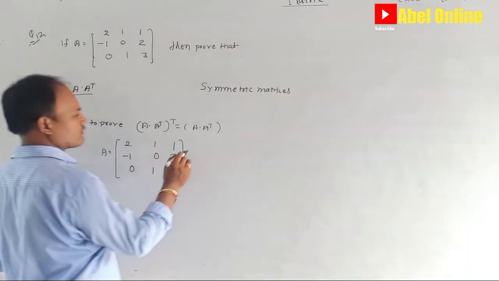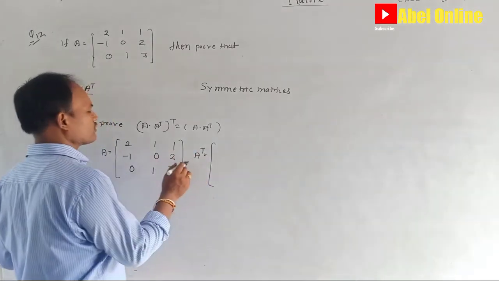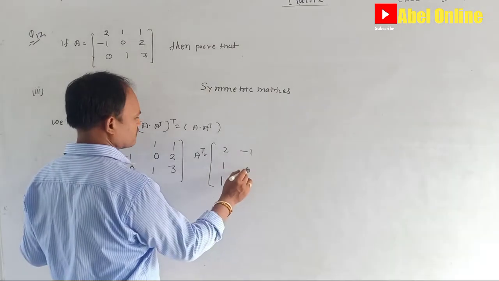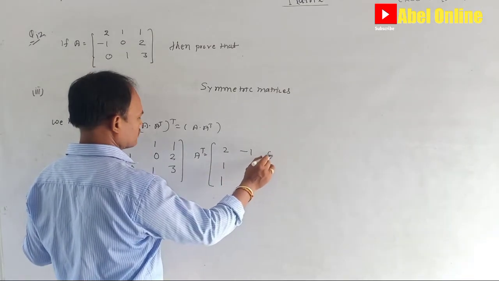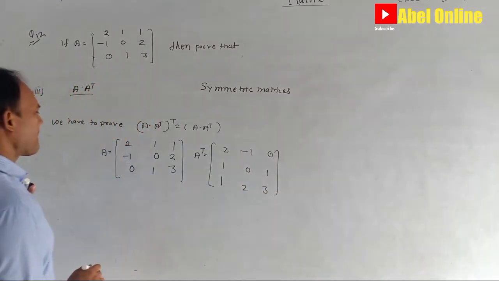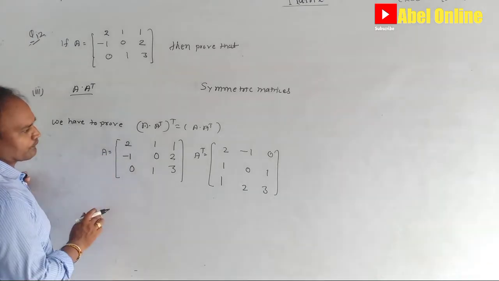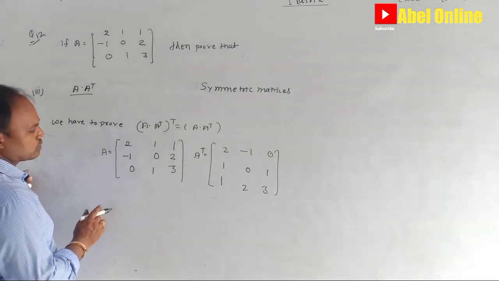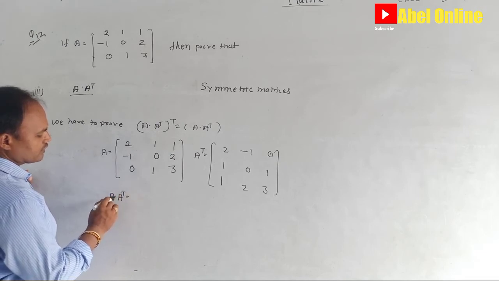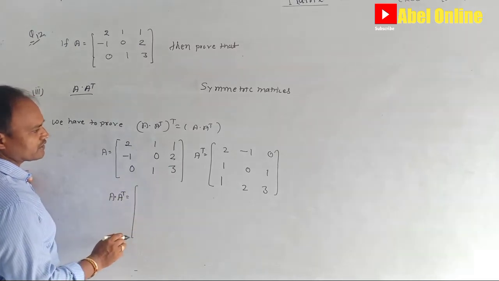What about A transpose? Converting rows to columns, it is 2 1 1, minus 1 0 2, 0 1 3. Now A into A transpose, we have to just multiply them.